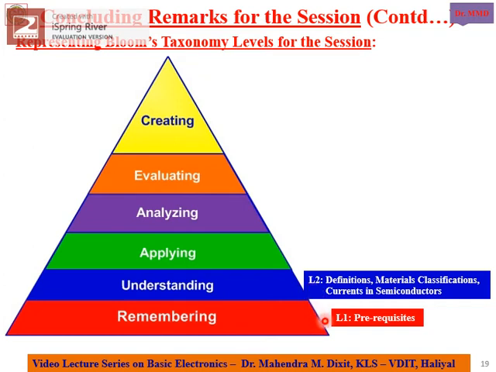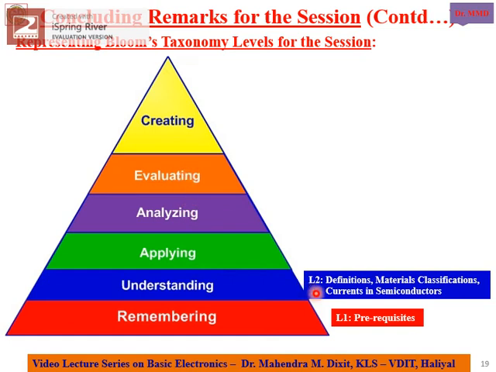Level 1 I have decided to list towards the prerequisites because it is only about remembering the previous concepts, and level 2 is all about understanding the concepts. Without understanding the concepts we cannot proceed ahead with the several other levels.